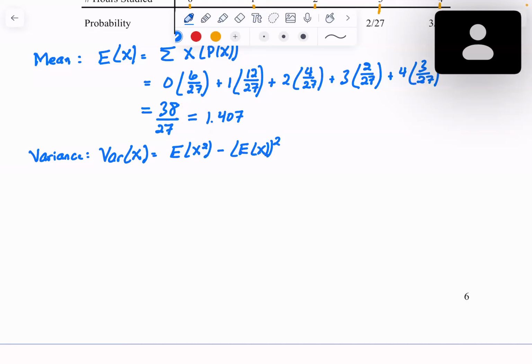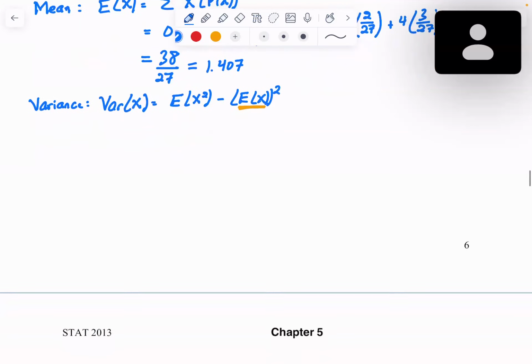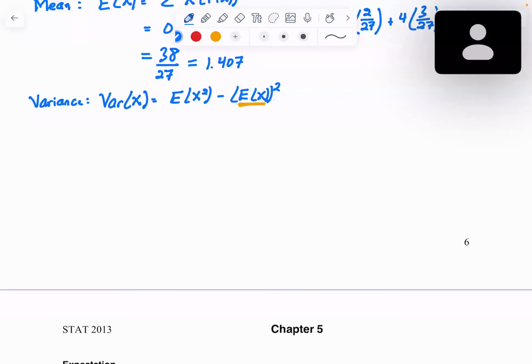So we actually already have one of these numbers. We just calculated the expected value of x. So we have this number that goes inside here that we're going to square later on. All we need to find is the expected value of x squared.